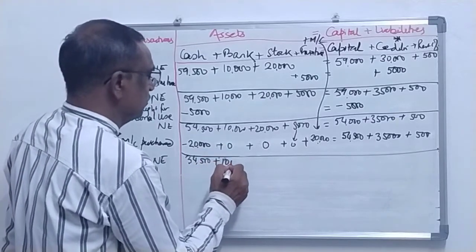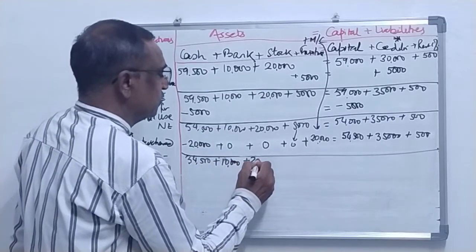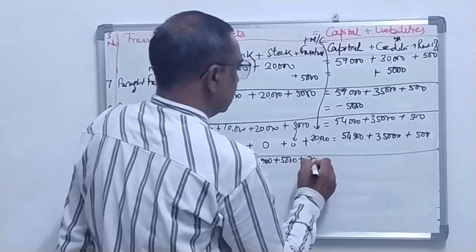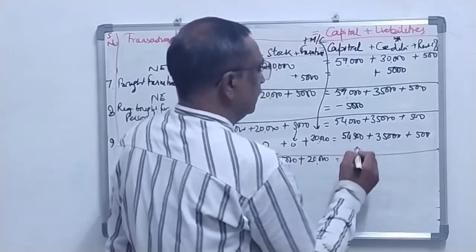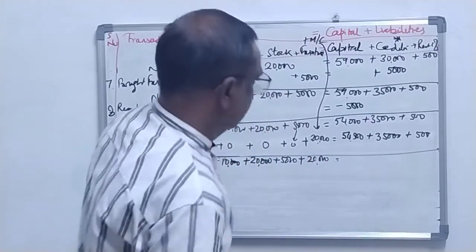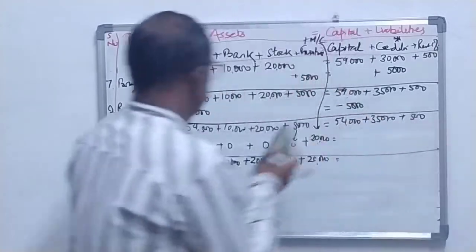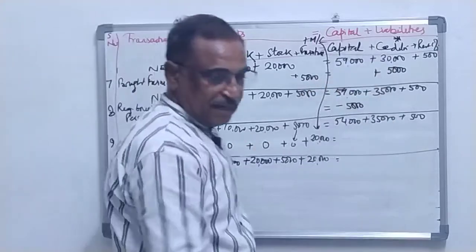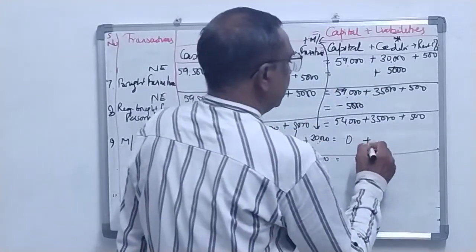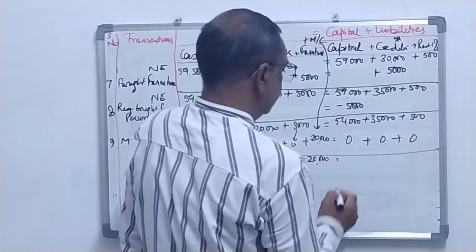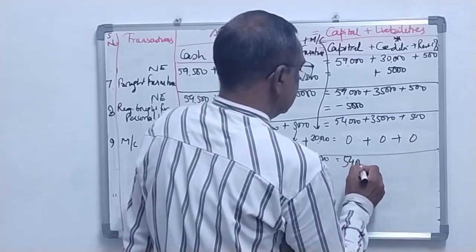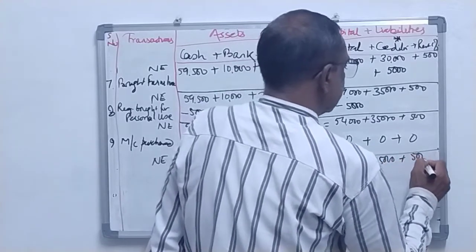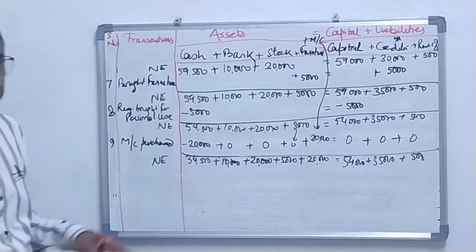So this is 10,000 plus 20,000 plus 5,000 plus 20,000 equals to the same. Since buying a motorcycle in cash will not impact the capital and liabilities, all these will remain 0 plus 0 plus 0, and 54,000 plus 35,000 plus 500. Okay, got it?